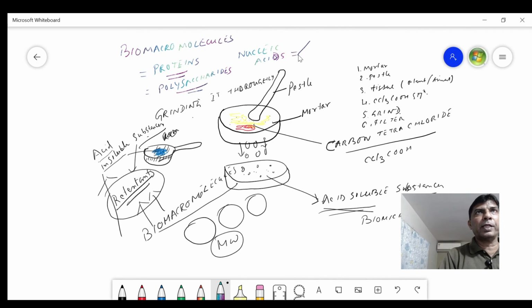Nucleic acids are of two types. One is called DNA or deoxyribonucleic acid, another one is called RNA or ribonucleic acid. And in biomicromolecules we will get amino acids, monosaccharides, disaccharides, and so many substances.